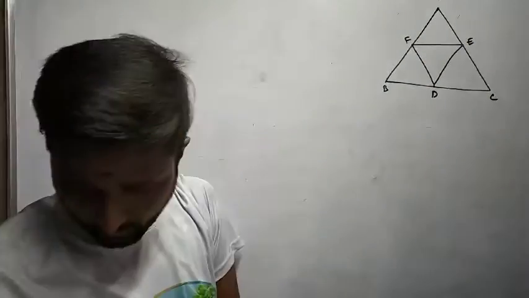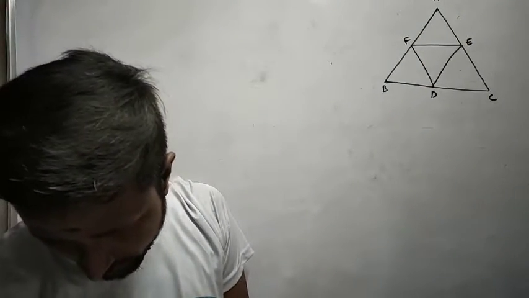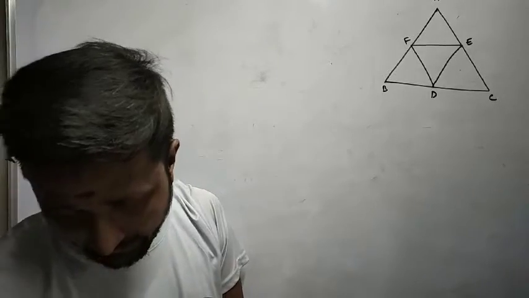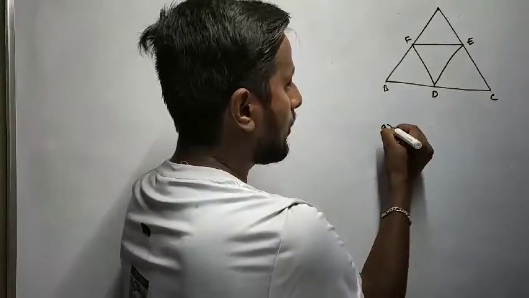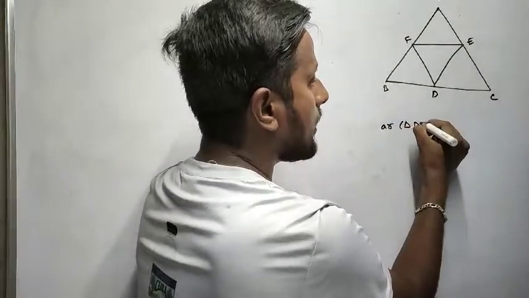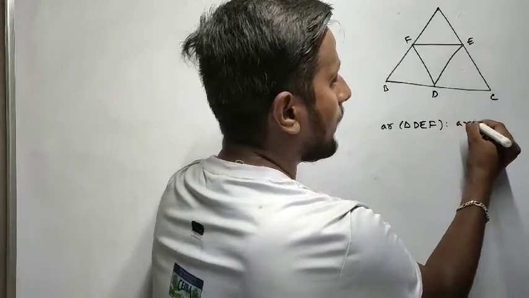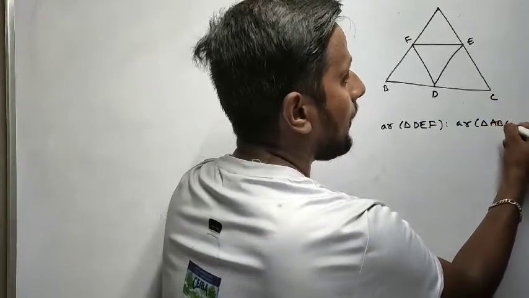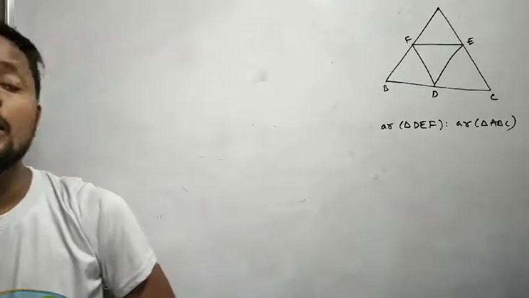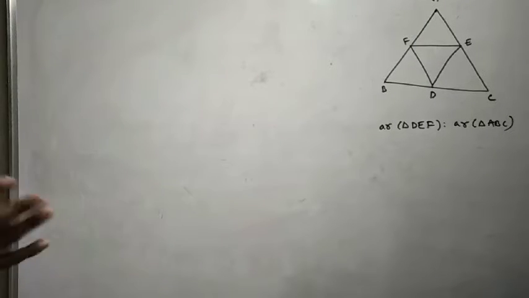Now what should we show? We have to show the ratio of the areas of triangle DEF and triangle ABC.